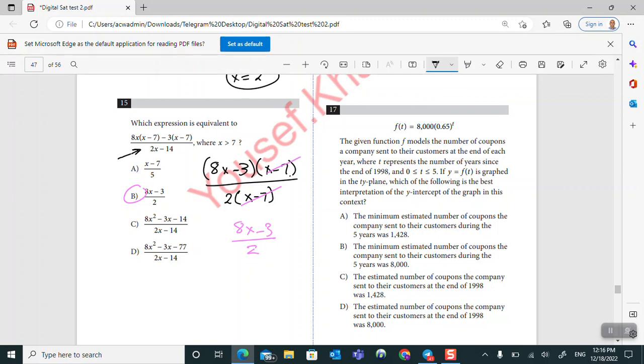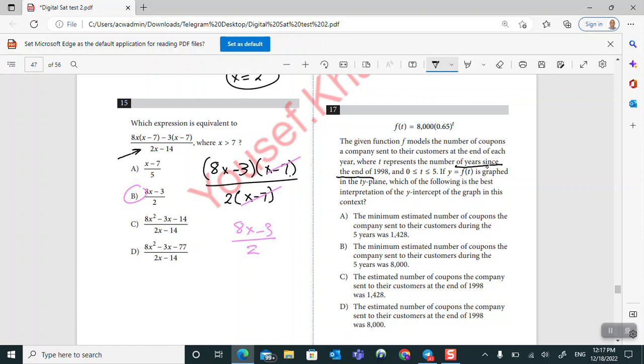When we have the y-intercept, t must be equal to 0. So when t is equal to 0, we have the initial value where the company started. When we substitute t with 0, it means the number of years since the end of 1998, which is given here in the question.